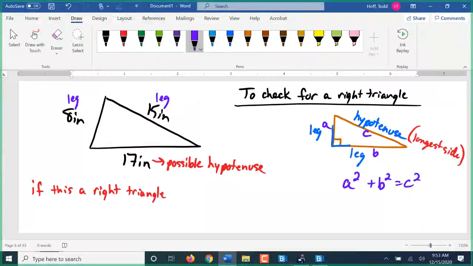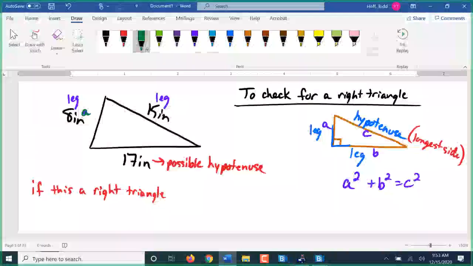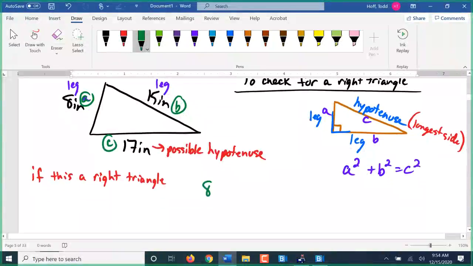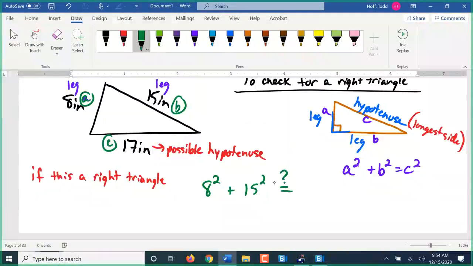So if I look back at this triangle over here, I'll label my possible legs A and B, and my possible hypotenuse C, and I have to check, does 8 squared plus 15 squared equal, I put a question mark above the equal because I'm asking if they're equal.